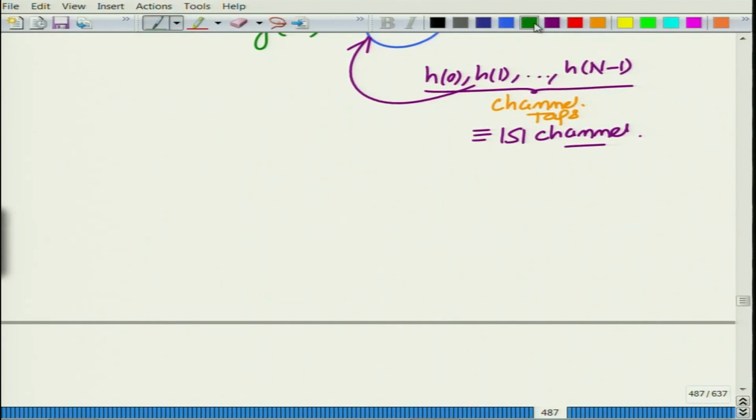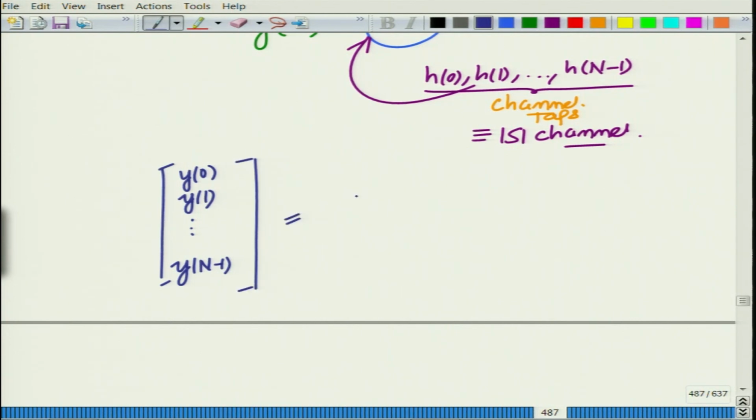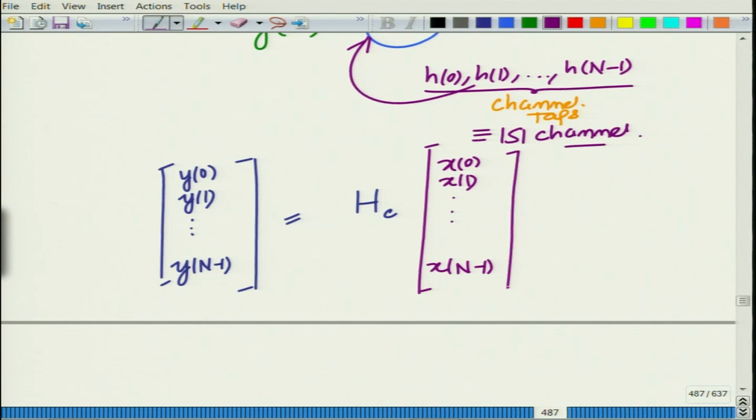And therefore, the output will be, if you look at y0, y1, up to yn minus 1, this will be Hc times x0, x1, up to xn minus 1, plus you will have the noise w0, w1, up to wn minus 1.